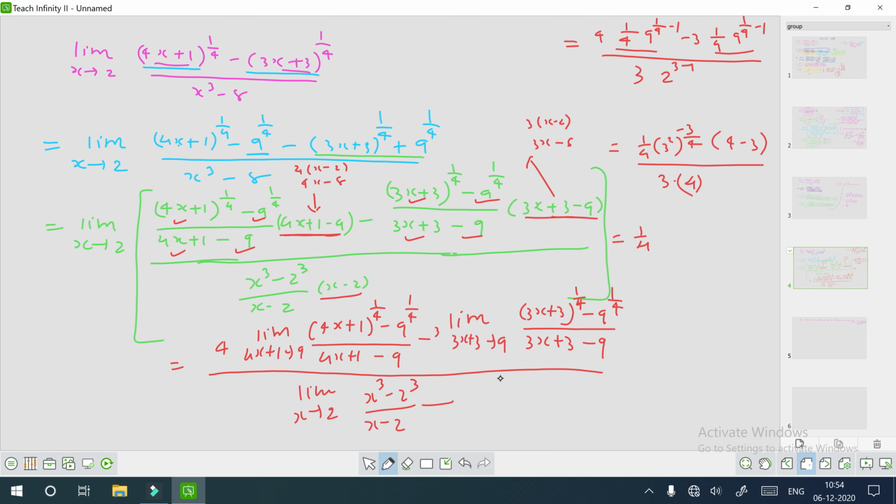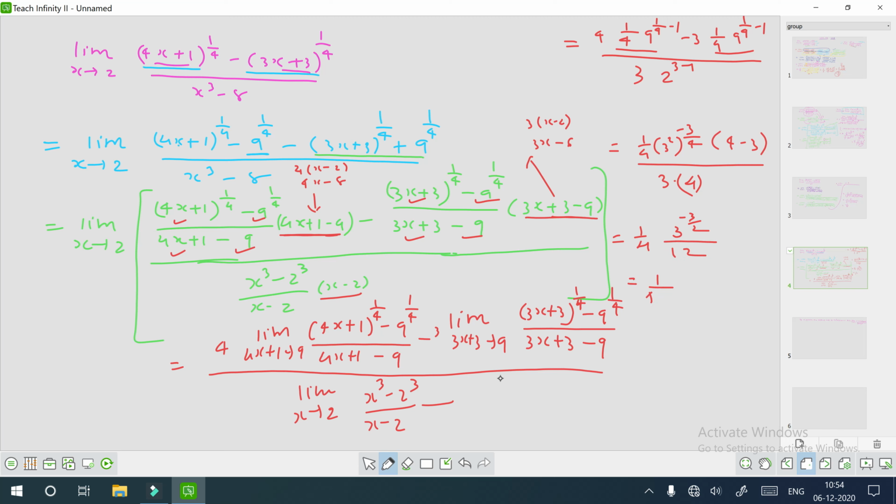So 1 by 4 into 3 raised to, see, 9 raised to 1 by 4, that is minus 3 by 2, over 12.